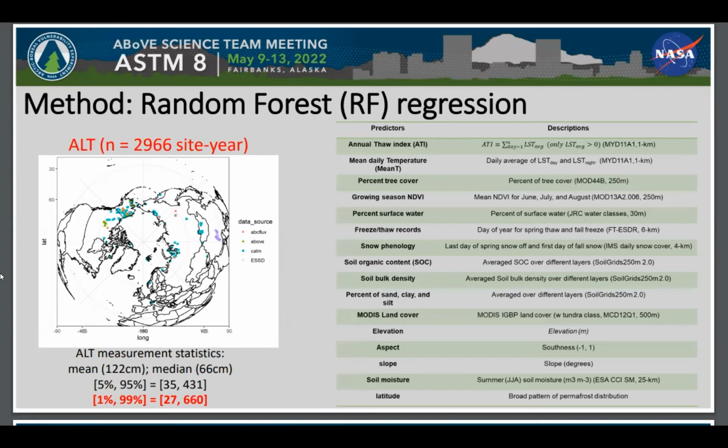Our gridded predictors include satellite observations of land surface temperature, vegetation, soil moisture, snow and freeze-thaw conditions at annual time scales. We also include topographic variables and latitude, which are static over the study period. All these datasets will be resampled to 1 kilometer spatial resolution. Next, please.